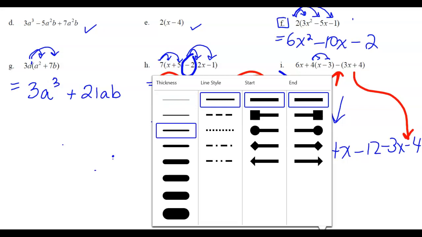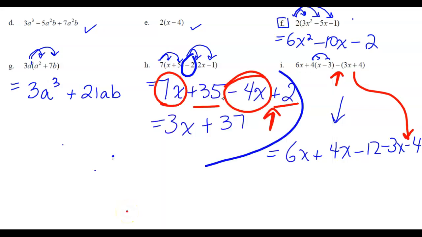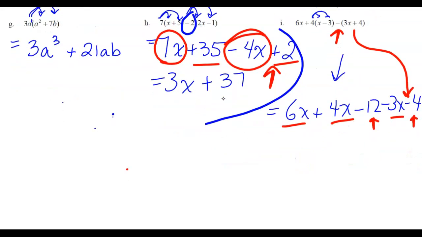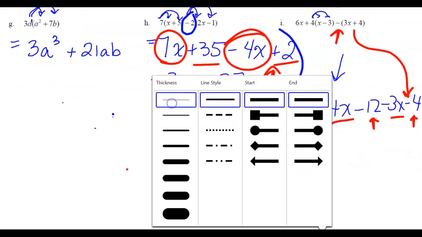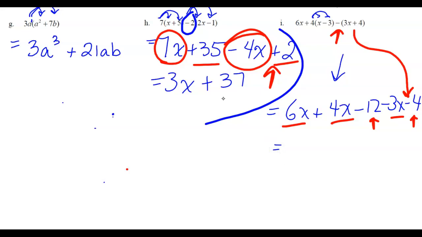Oh, let me do red here. Now my like terms: x term, x term, x term, constant term, constant term. So 6 plus 4 is 10, minus 3 is 7x. Negative 12 minus 4 is negative 16, so subtract 16.